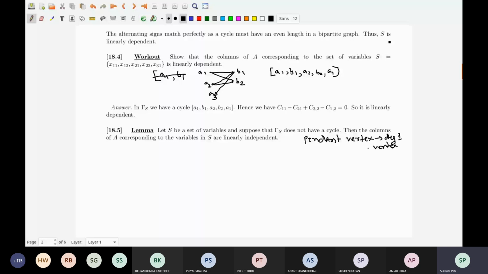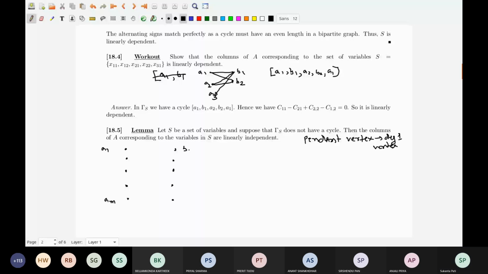So suppose that I have a degree 1 vertex. Remember, gamma S looks something like this. There will be some edges somewhere, and I have a degree 1 vertex. It is one of these vertices, A1 to Am, B1 to Bn, one of them. You can select any one, either from the A side or the B side; the argument is similar.